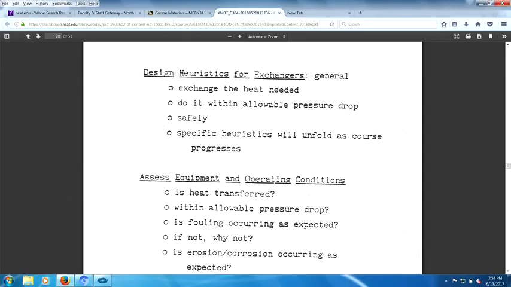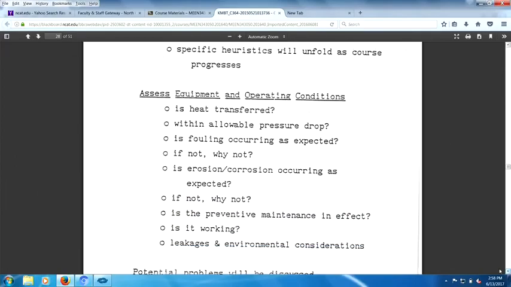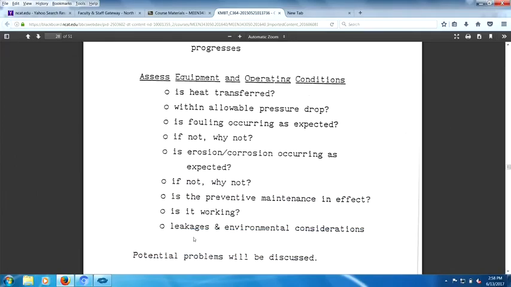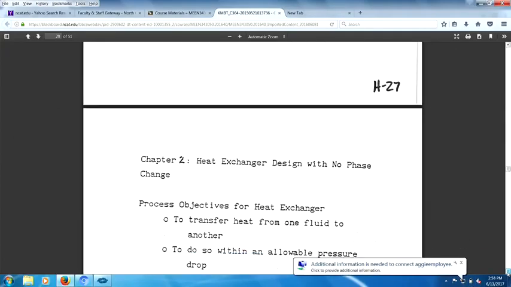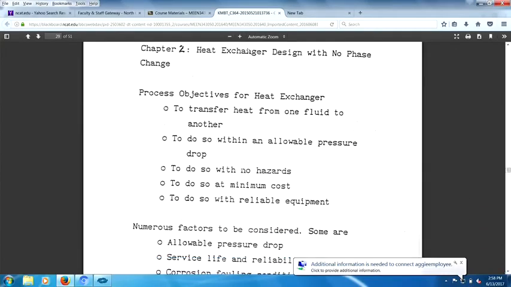You want to assess the equipment operating conditions, allowable pressure drop, fouling, erosion, corrosion, what's happening, why not, preventive maintenance, is it working, leakage, potential problems will be discussed. Moving right ahead. So we're going to talk first about heat exchangers with no phase change. Okay.